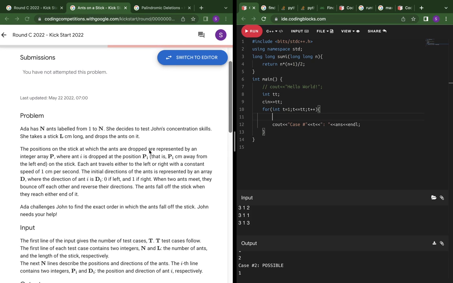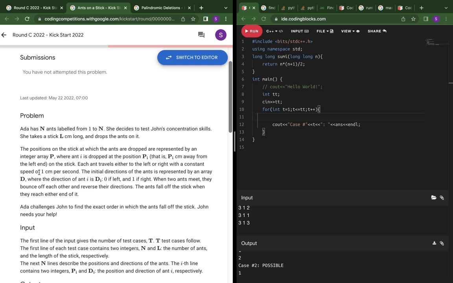Basically, there is a stick that is L centimeters long, and she drops ants on it, and each ant has a position pi and a direction di. When the ants fall, they land on the position pi and they start moving in the direction they are given.